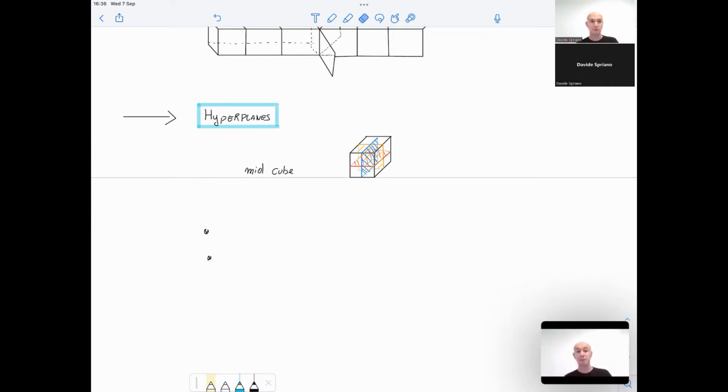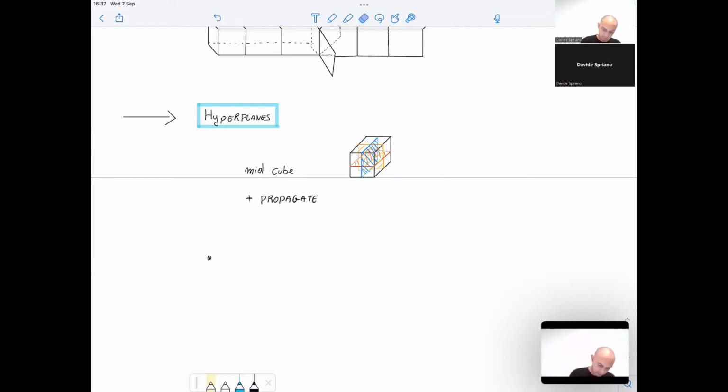What is a mid-cube? We just take a Euclidean cube, which we know what it is, and we restrict one of the coordinates to 1/2. So we have as many mid-cubes as the dimension. So here we would have this mid-cube over here, the orange one, or the red one, or the blue one. So we have three mid-cubes, essentially one in which we restrict each coordinate.